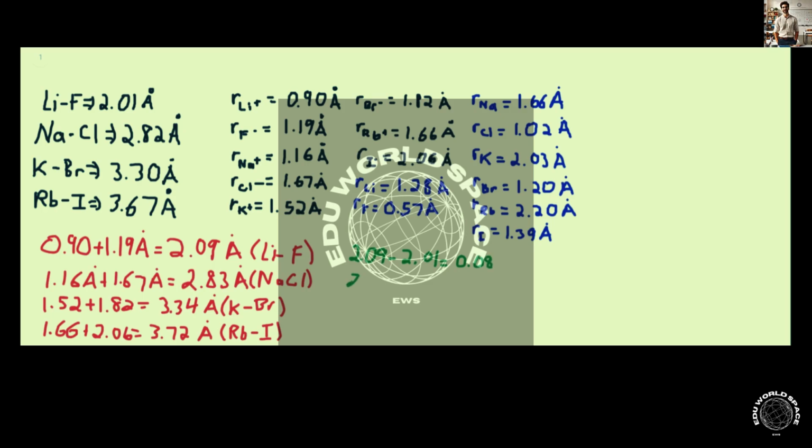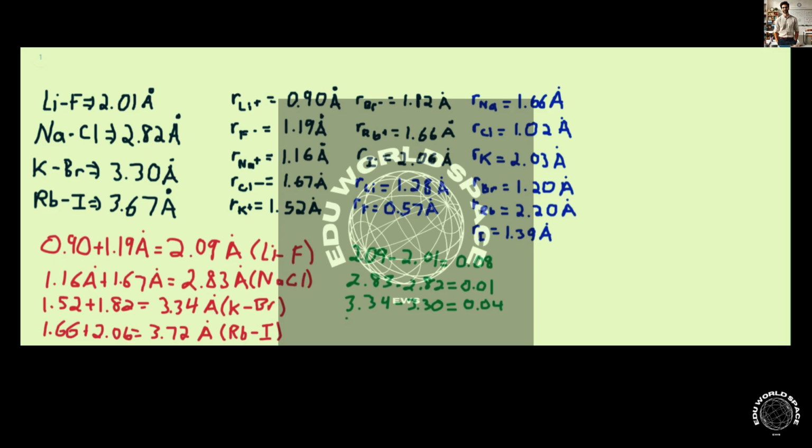Then we get 2.83 minus 2.82, which is 0.01. And then 3.34 minus 3.30 is going to be equal to 0.04.